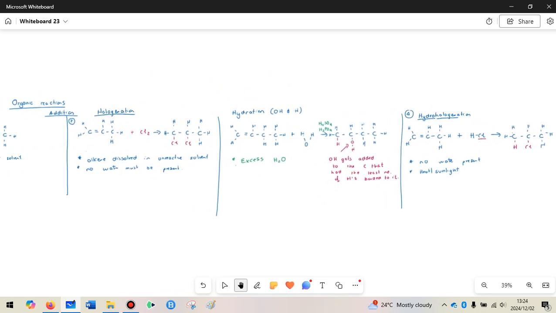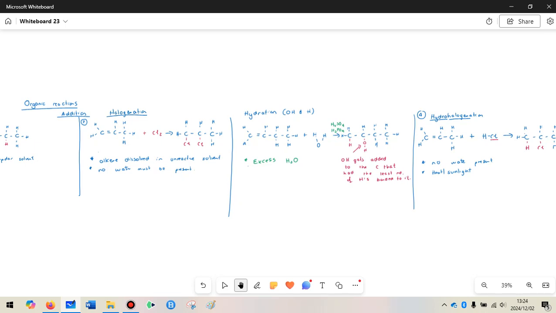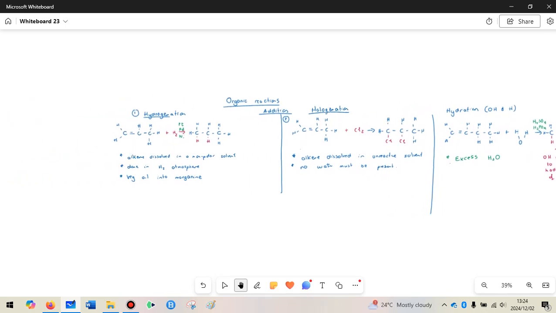Okay, now underneath that, like I said in the beginning, your addition reactions flipped just become elimination reactions for the most part. So underneath our addition reactions, we're going to do elimination.